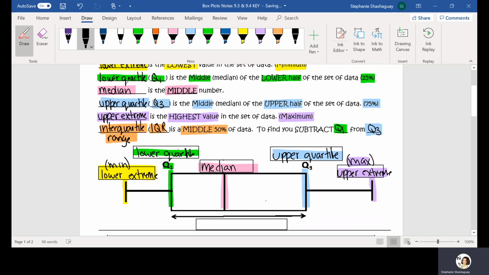Okay, and then finally, we have our interquartile range, which is just the middle 50%. Okay, our interquartile range or IQR.